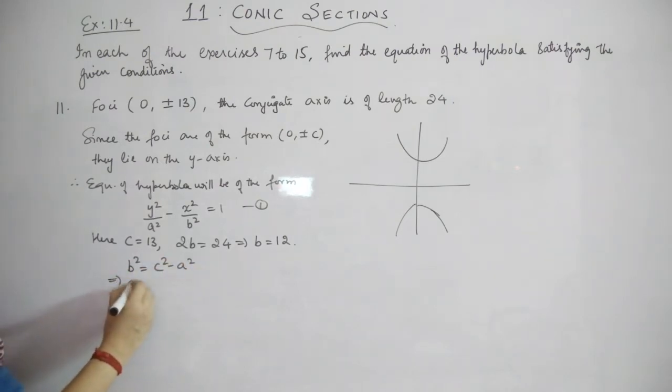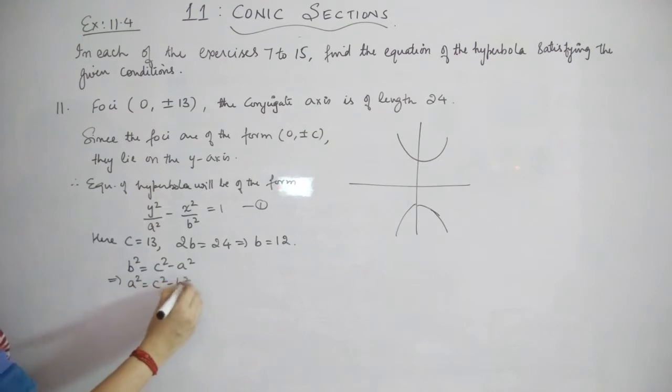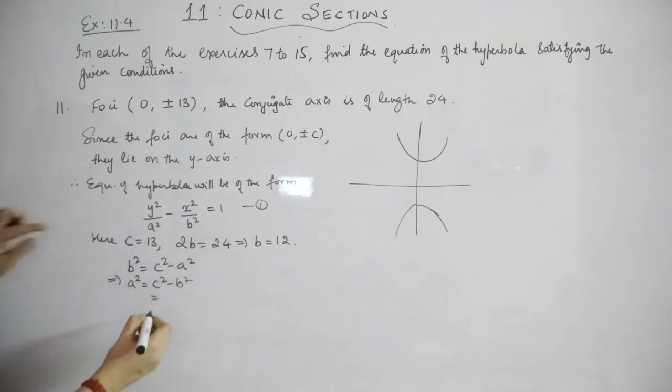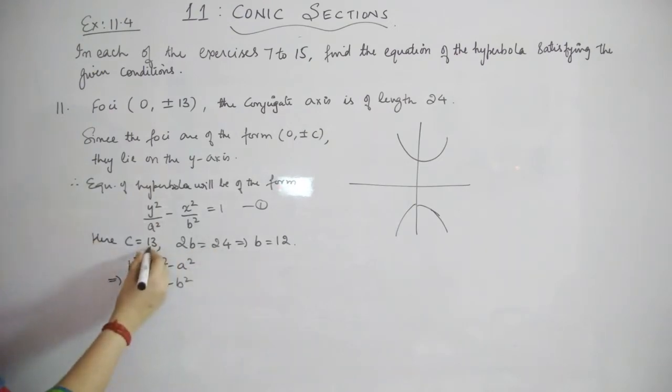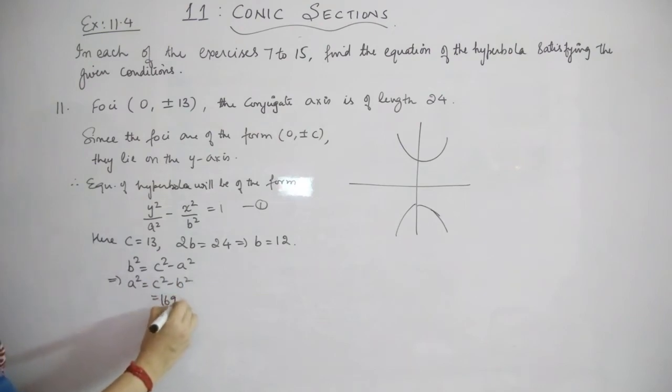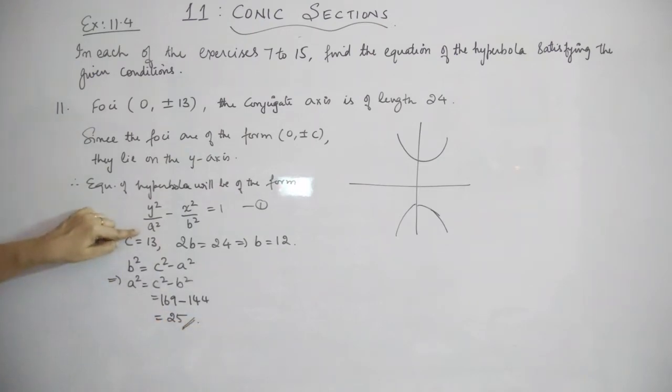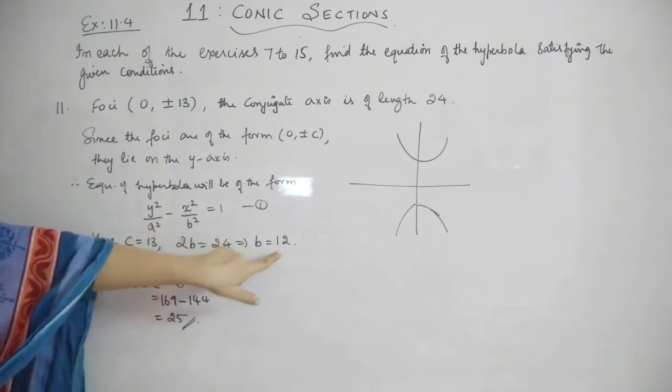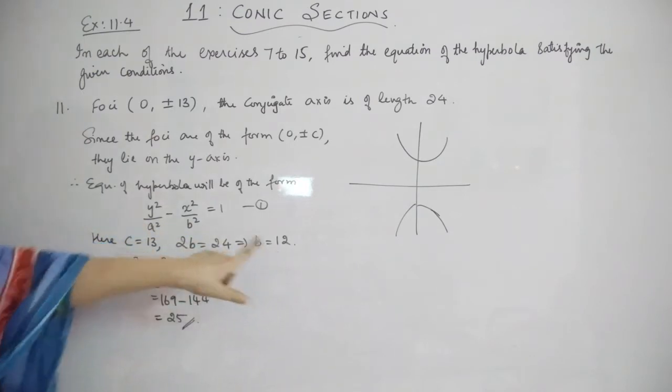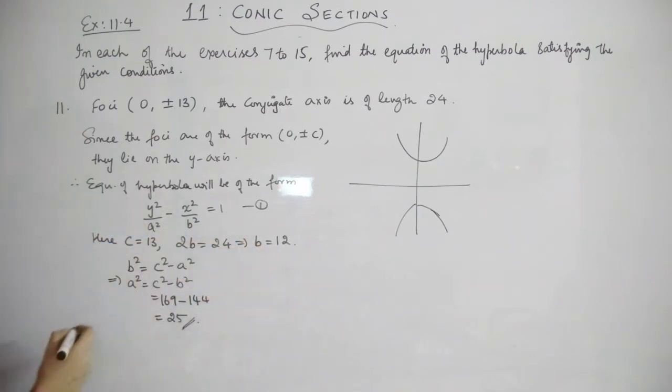So from here you will get a square is equal to c square minus b square. Replacing the values of c and b, c square will give you 169 minus b square will give you 144, which is equal to 25. So you got a square. b square you already have, b is 12, so b square is 144.